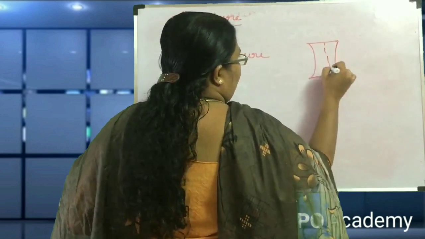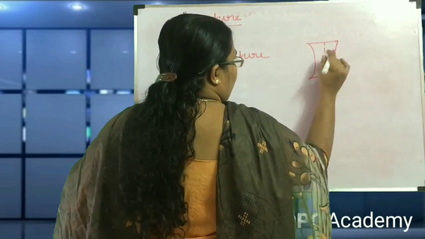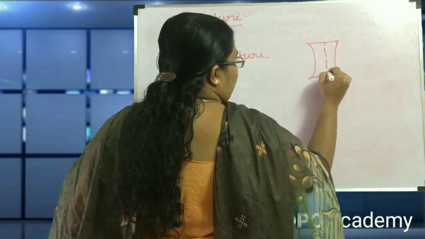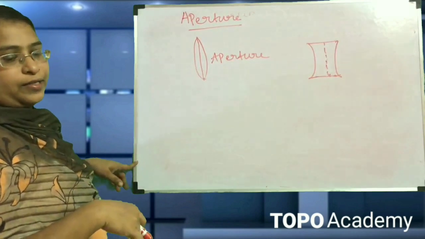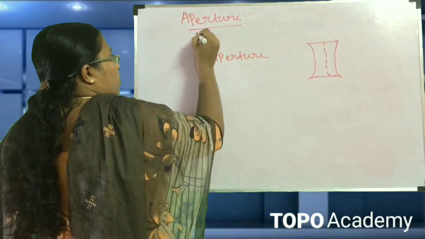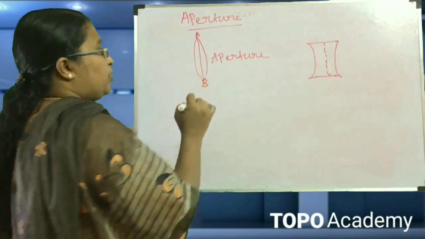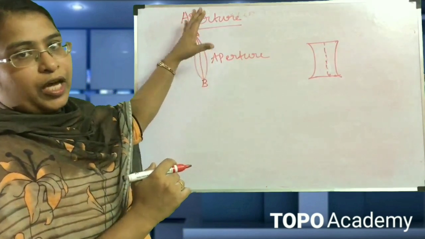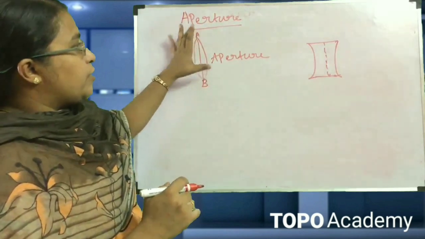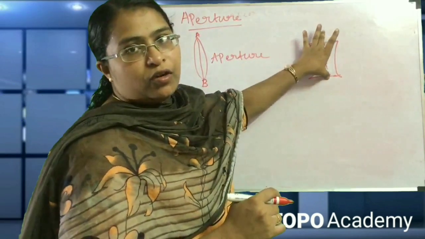The effective diameter of the lens is known as the aperture of the lens. This is the aperture, this distance. This is the diameter, so this distance is the aperture. This is the aperture of the lens, and this is the aperture of the concave lens.